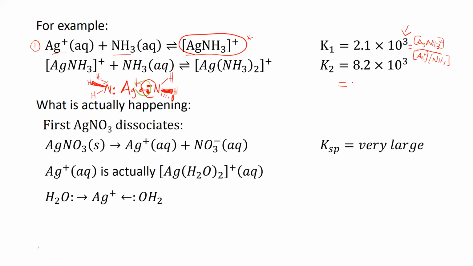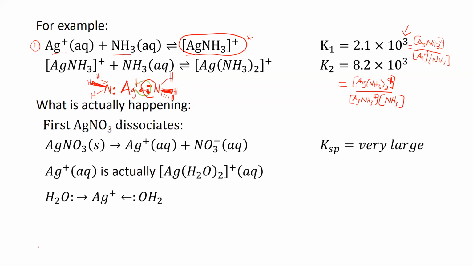And so in that second equilibrium, you're really looking at, as an equilibrium constant expression, the silver with 2 ammonias attached to it, with a +1 charge, okay, divided by the concentration of the silver with 1 ammonia times the ammonia concentration.